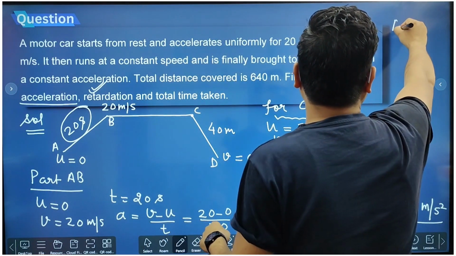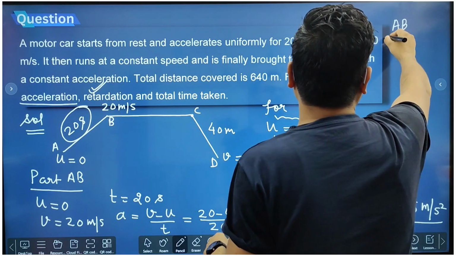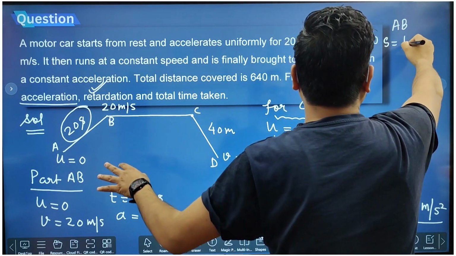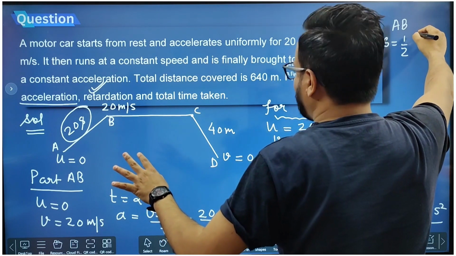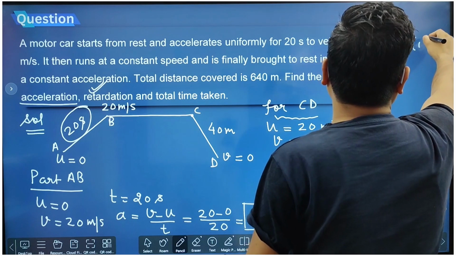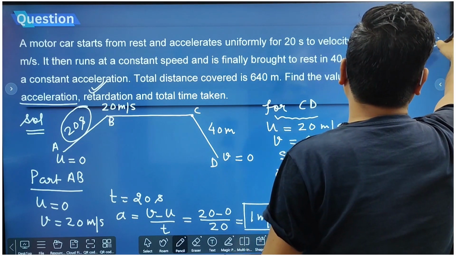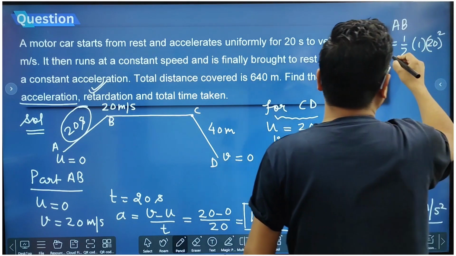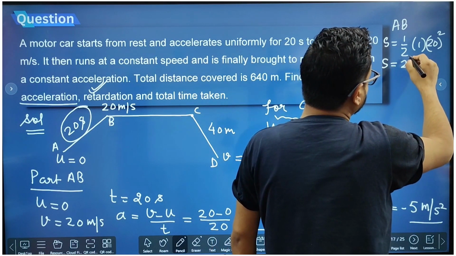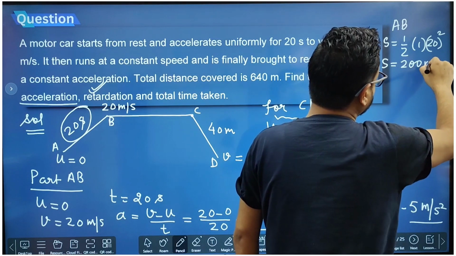For AB we can apply the second equation. So S is ut, u is 0, so that whole term becomes 0. Then half at square. a is 1. So half a t square. So this distance is 400 divided by 2, that is 200 meter.